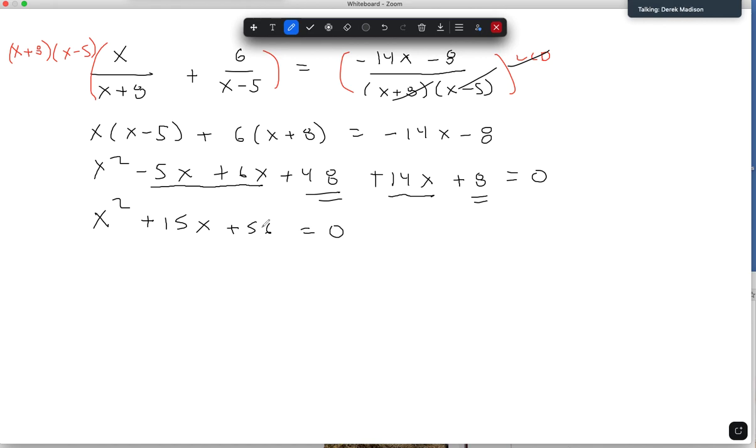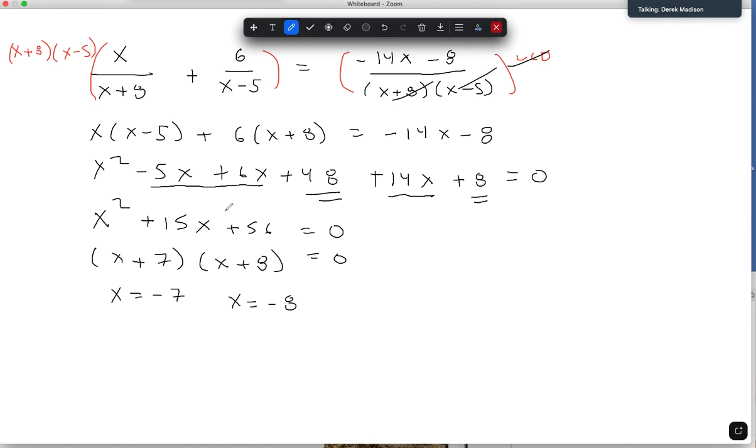So now we need two numbers that multiply to be 56 and add to be 15. That sounds like x plus 7 and x plus 8, which multiply to be 56 and add to be 15. So that would be x equals negative 7 for one solution and x equals negative 8 for the other.